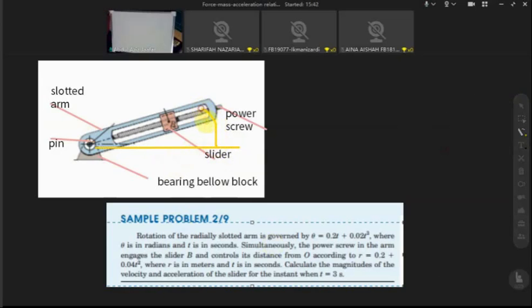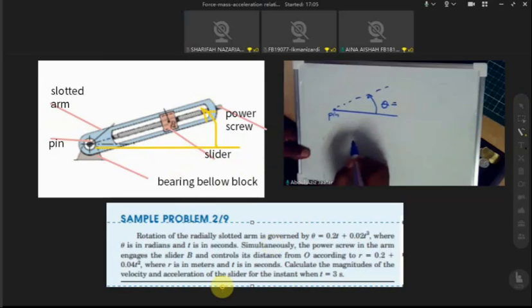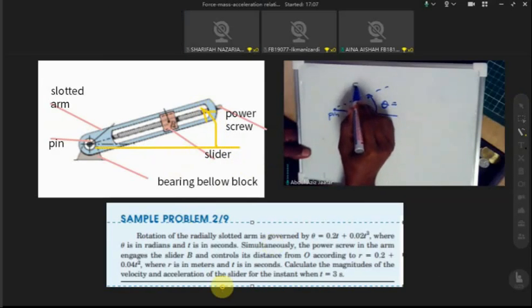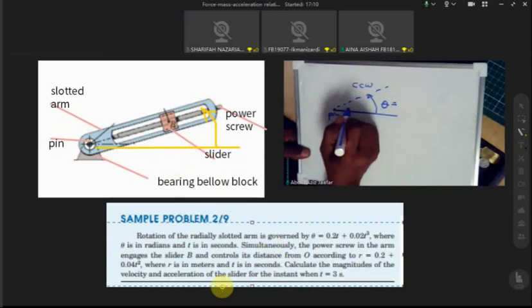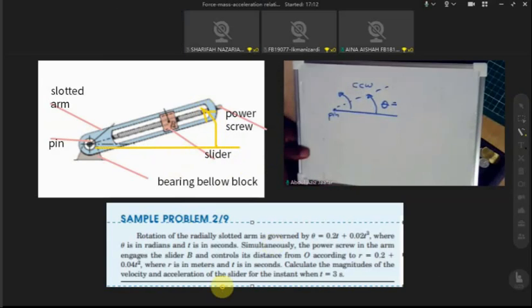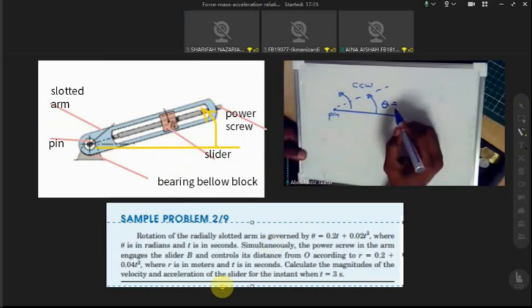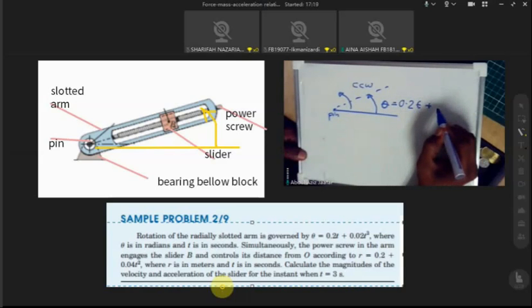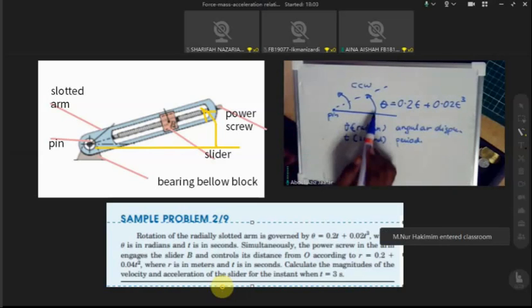The cubic polynomial: this theta is moving in the counterclockwise direction. So normally we assign it like this, counterclockwise direction. And then we have theta equals 0.2t plus 0.02t to the power of 3. And here you say that theta is in radians, t is time in seconds, because this is the angular displacement.